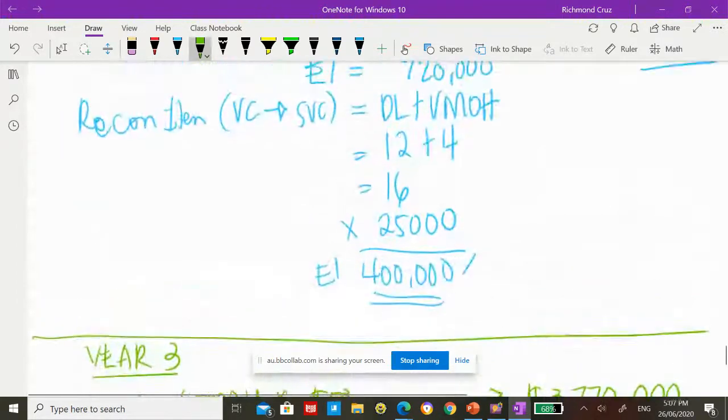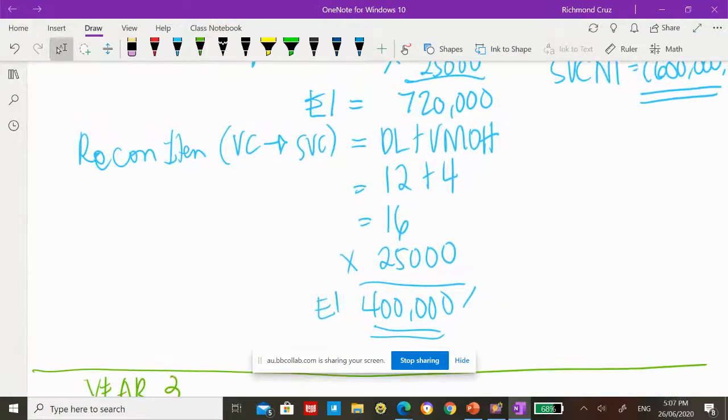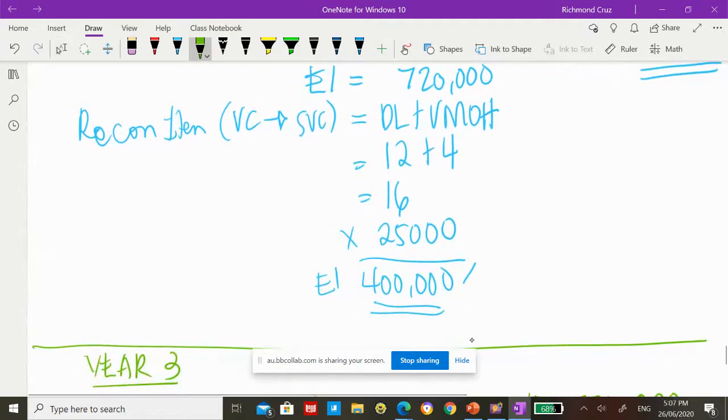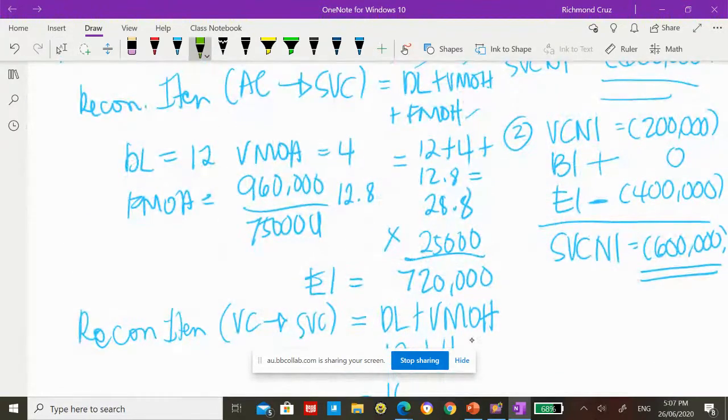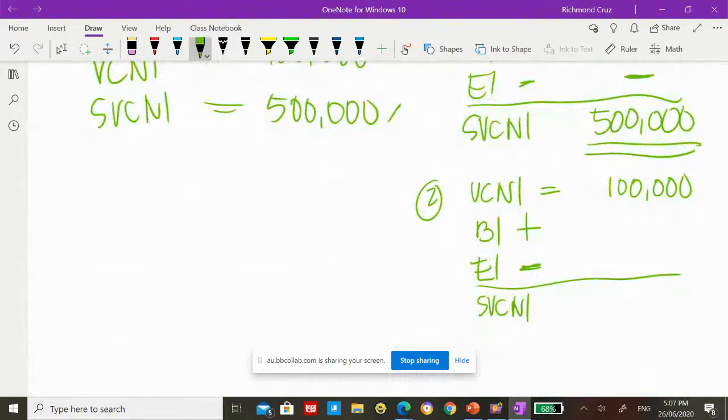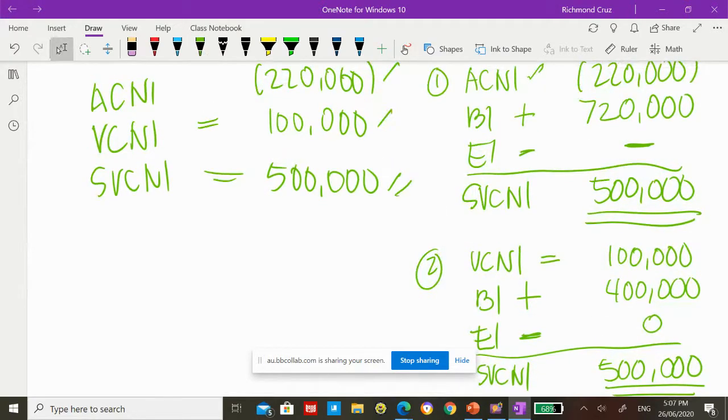Of course, the direct labor and the variable manufacturing overhead multiplied by the ending inventory, and that is 400,000. The 400,000 recognized as reconciling item in year 2 will be the reconciling item for beginning inventory in year 3. Take note, this should be added, minus ending inventory, and there is no ending inventory. So the super variable costing net income is 500,000.